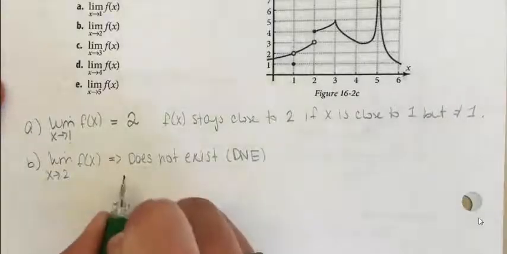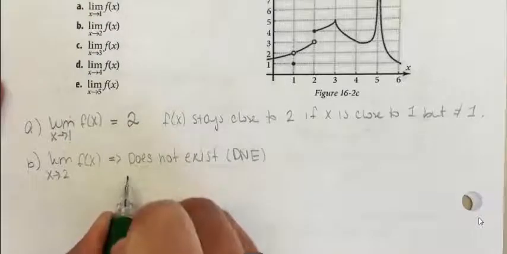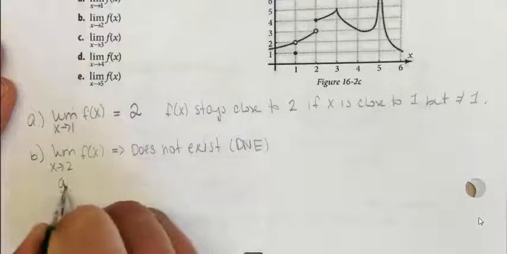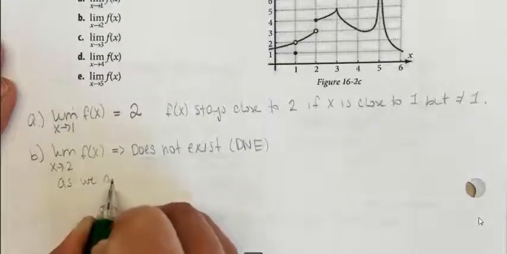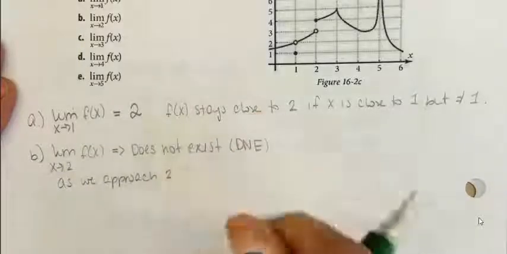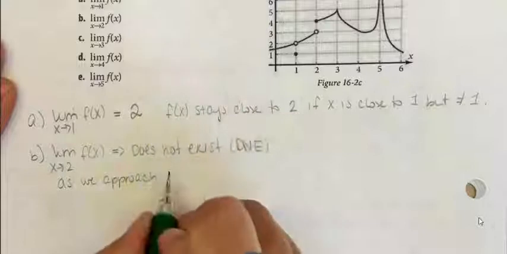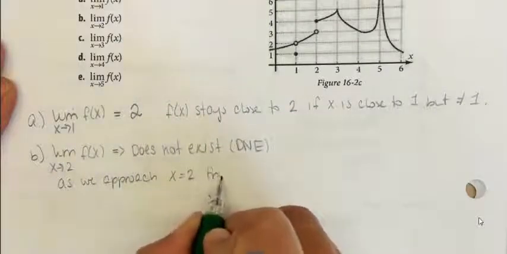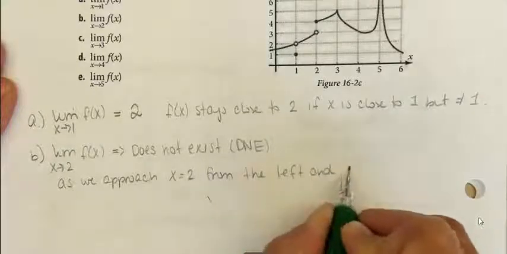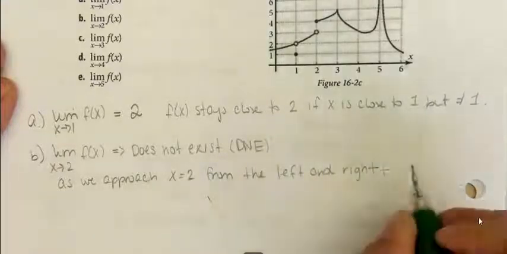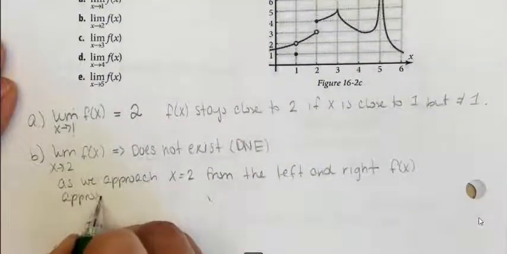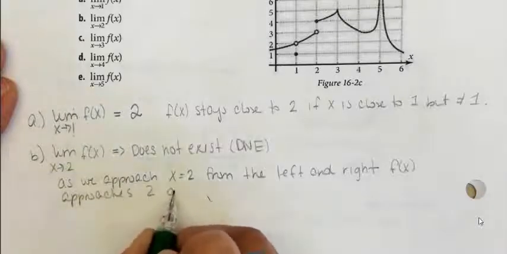Okay, so we could say as we approach x equals 2 from the left and right, f of x approaches two different numbers.